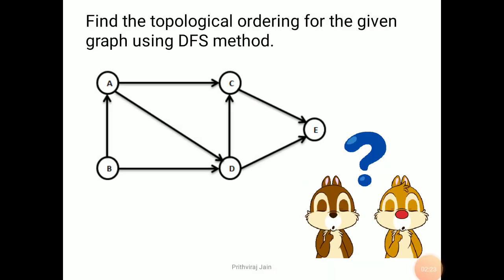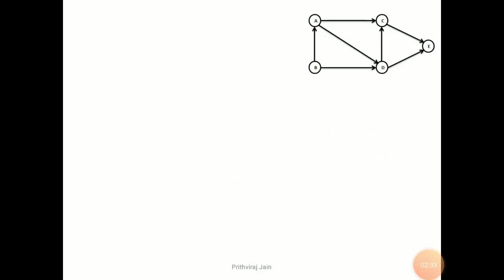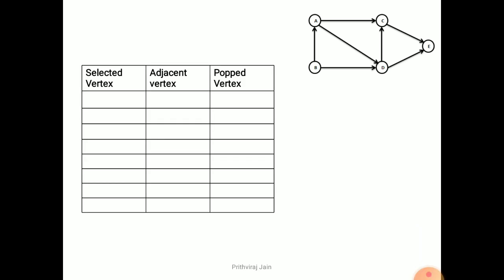Now, for this given graph, we have to find the topological ordering using the DFS method. Let us take the graph first. Then we should have 3 columns: selected vertex, adjacent vertex and popped vertex. As per the discussion, we make use of a stack for this method.